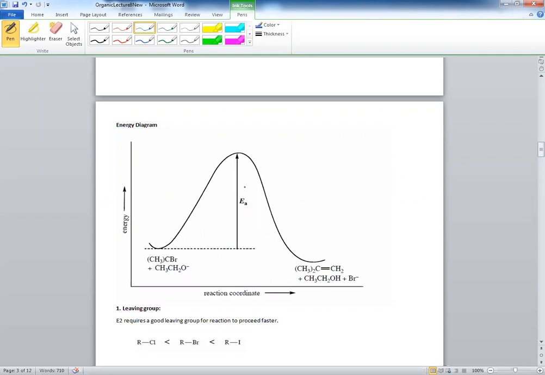Here's the transition state right here. And of course, here you have delta H. So the products are stable. So these are your reactants. These are your products. We're interested in the transition state. So the transition state looks like this. And you're going to need lots of space to draw this.